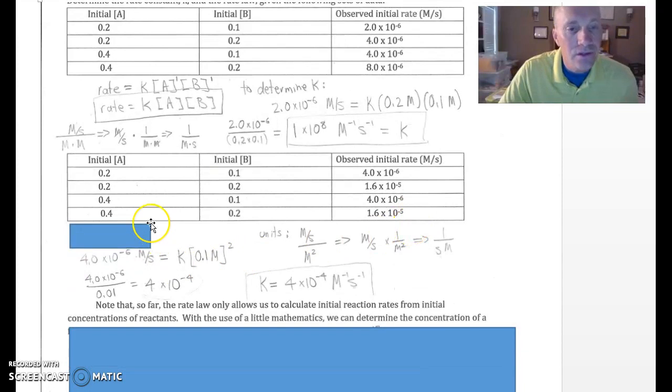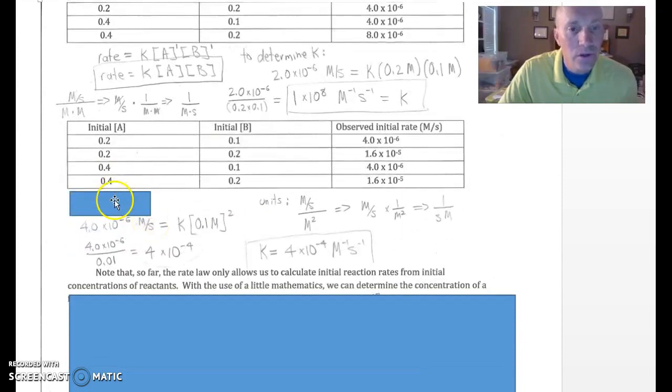So the last one, we are just going to take a look. What happens if we double B? We can see that if you double B, it actually quadruples the initial rate. Notice, you have to pay attention to the scientific notation right here.